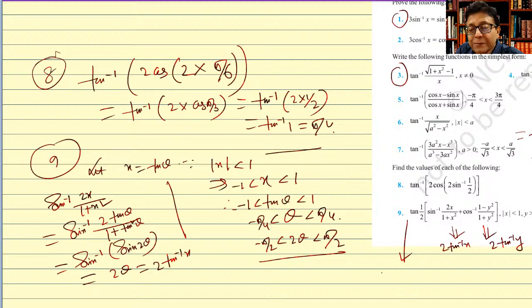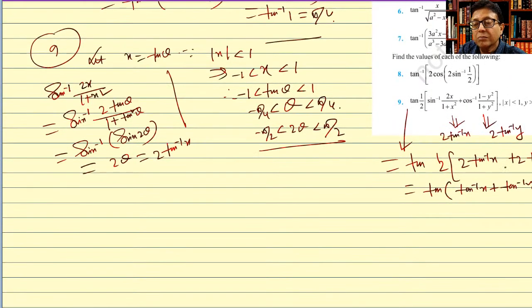So the given expression is tan of half of... tan of (x plus y) by 1 minus xy.